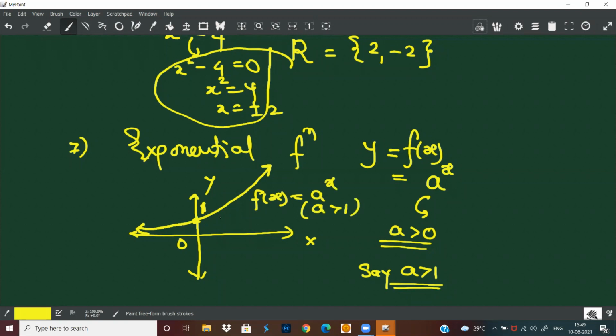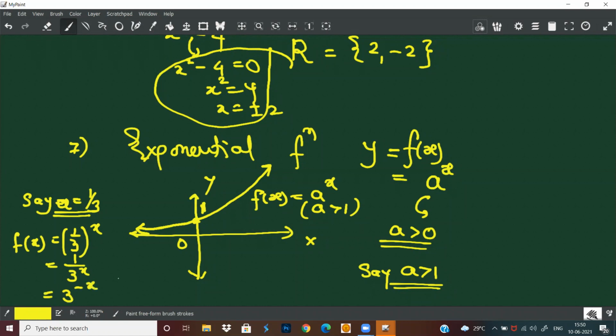And a raised to 0 will be 1, so it will cut the y-axis at 0, 1. If a is 1/3, so f of x is 1/3 bracket raised to x. Now it is 1/3 raised to x, so it is as good as 3 raised to minus x. Understood?